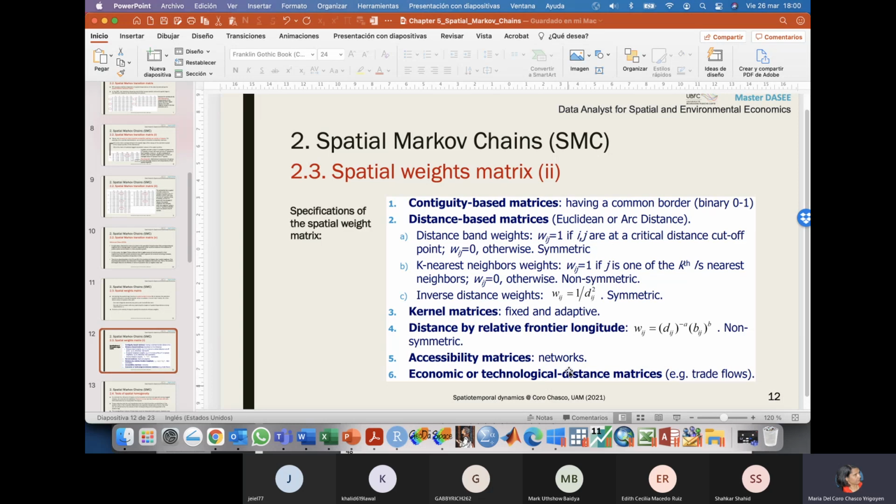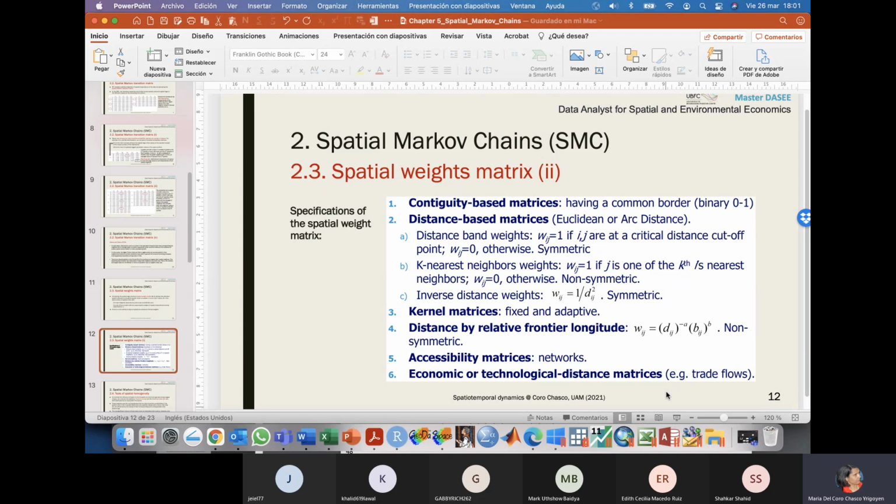This is why many referees, when we publish papers from the economics area, as is my case, if I use economic matrices, are going to say, oh no, I don't like that, because blah, blah, blah, you will have endogeneity and it is a mess. Many people in economics say that if you don't use economic matrices, you cannot express neighborhood connections correctly. Well, I wouldn't be so sure.